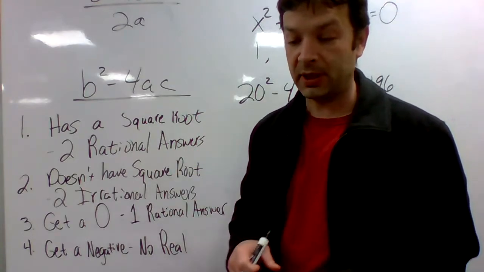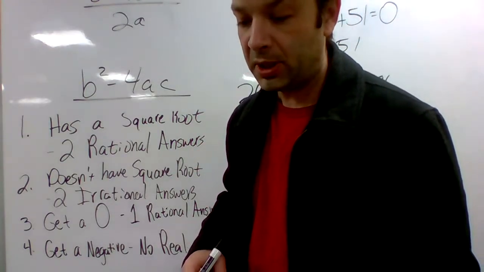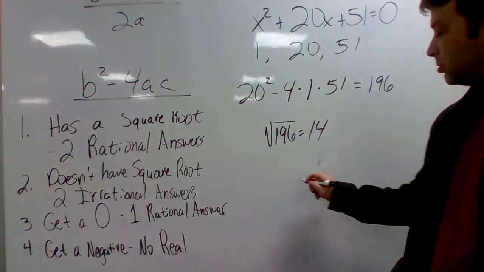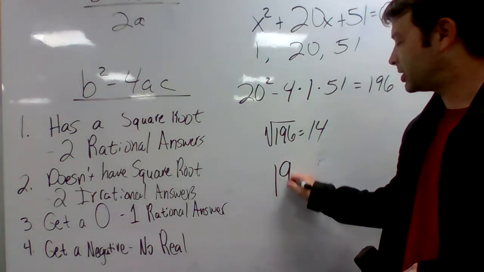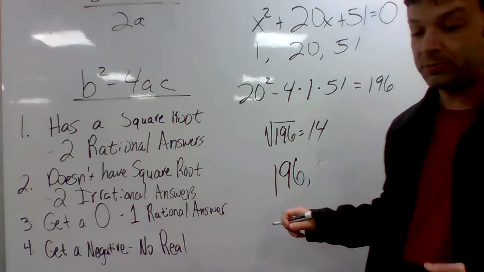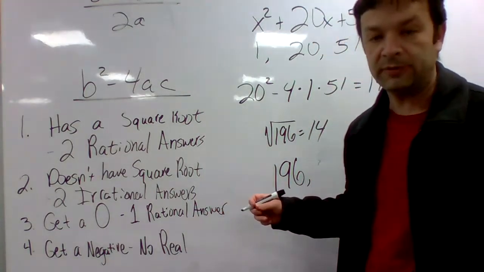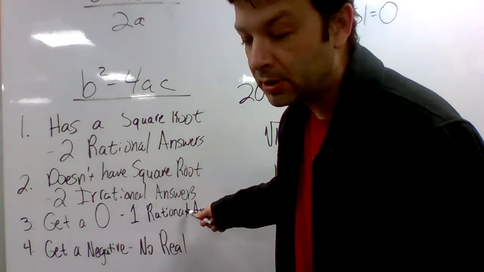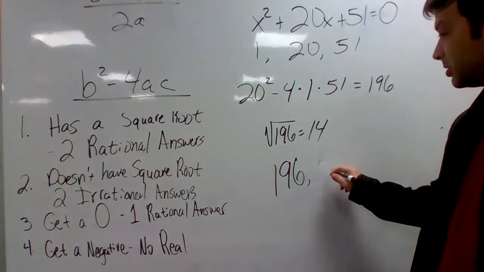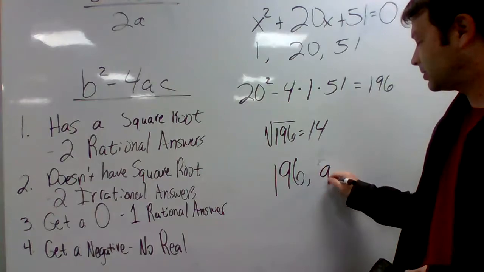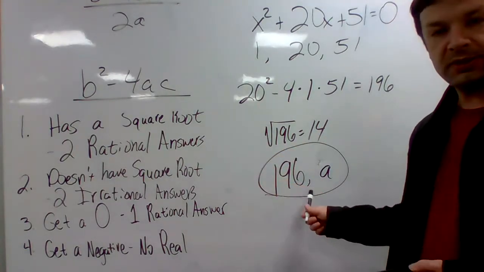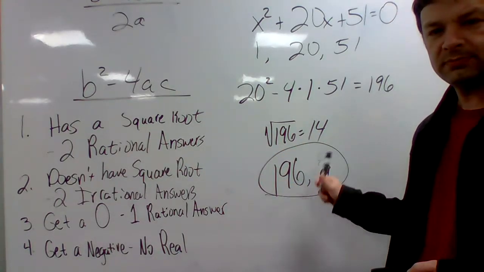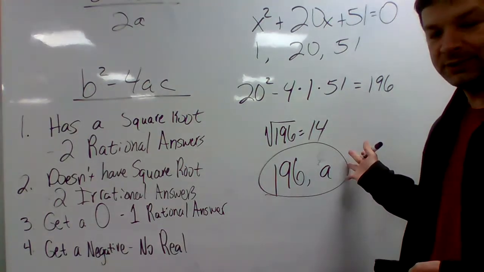So the answer to number 7 would be 196, and then the letter A, the first option. Did I do it in the same order they did? Yeah, okay. So the first option is A. That would be the answer to number 7. See, not too much to it.